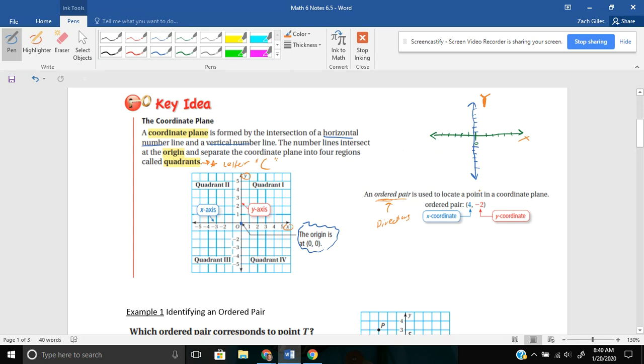It's used to locate a point in the coordinate plane. For example, 4, -2. Always, always, always, your x coordinate is listed first. And always, always, always, your y coordinate is listed second. The way that I remember that is it's just alphabetical.